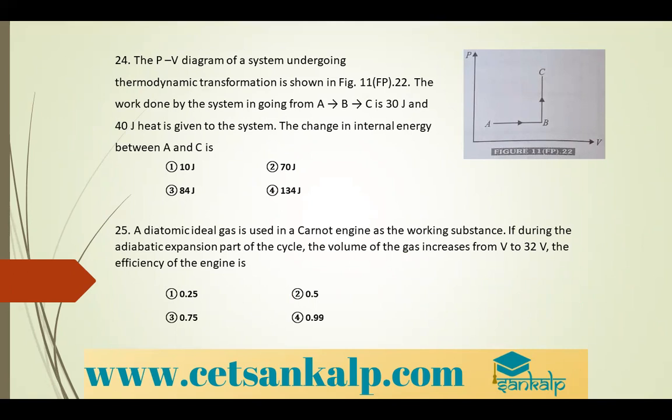So directly you can use the formula delta U is equal to delta Q minus delta W. So delta Q is 40, and putting together 40 minus 30 is 10 joules.